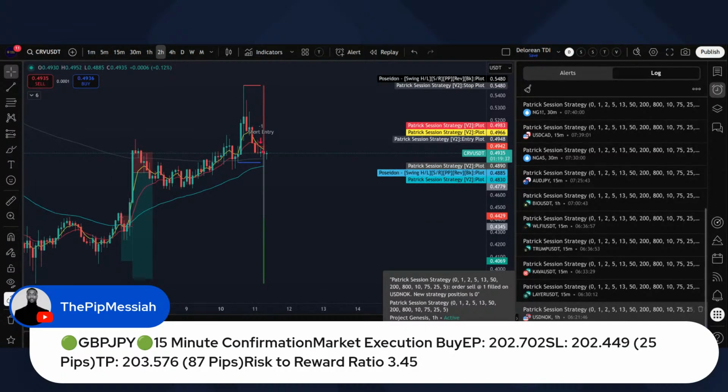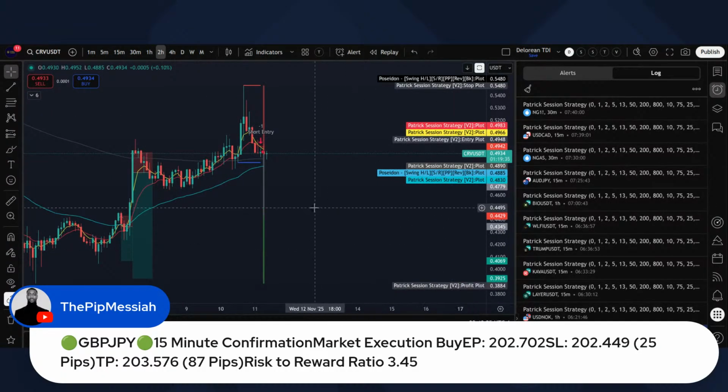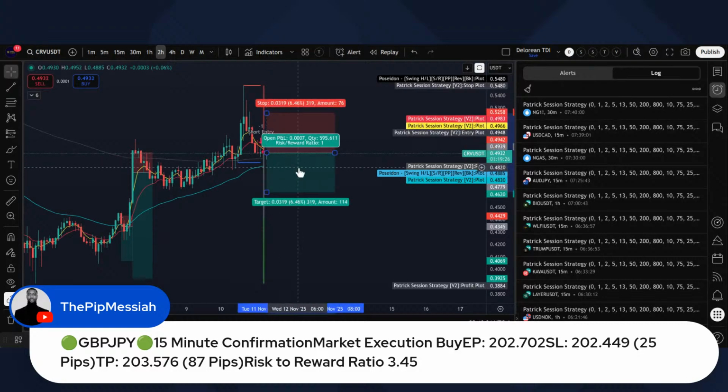We have CRV versus Tether on a 2-hour. We can take that setup. It's going to be a short from current price, targeting 3884.